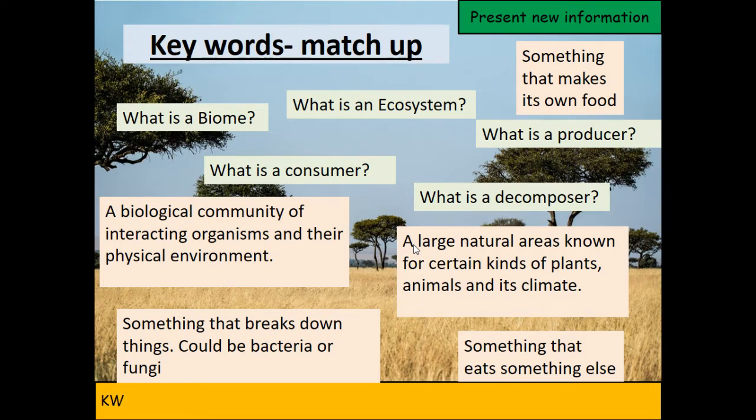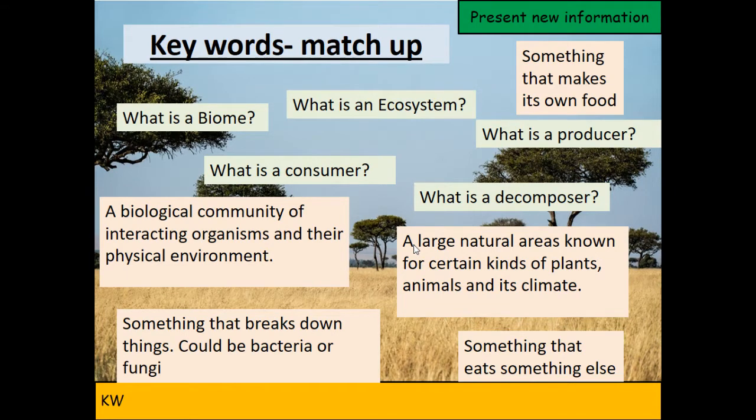So we've got what is a biome, what is an ecosystem, what is a producer, what is a consumer, and what is a decomposer. And then we've got something that makes its own food, a biological community of interacting organisms. So that is living things that work together, kind of like when you guys work in a group, you're interacting organisms, and their physical environment.